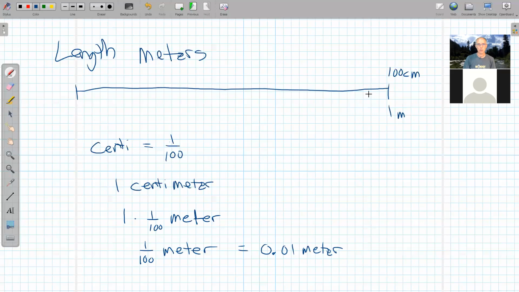And then a centimeter, if we were to zoom in on one, so let's say here's a centimeter right there, 1 centimeter, and then we zoom in on that 1 centimeter, then we would find it's broken up into little pieces. And inside here are 10 millimeters.